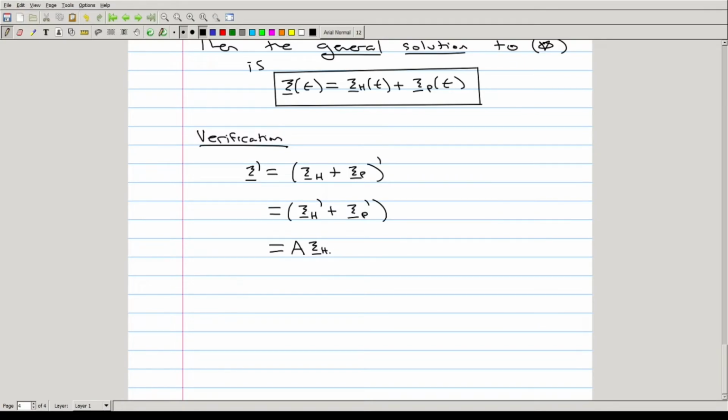So xi h prime is A times xi h, and xi p prime is a particular solution to the inhomogeneous form of the differential equation. So this will be equal to A times xi p plus b of t. And instead of writing A here, I will explicitly denote this as A of t in both cases because this variation of constants formula that we're going to get at the very end works in general.